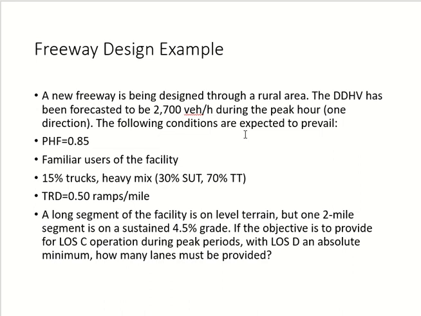Now, terrain conditions keep on getting more complicated. We have level terrain, but we also have a 2-mile segment which has a gradient of 4.5%.